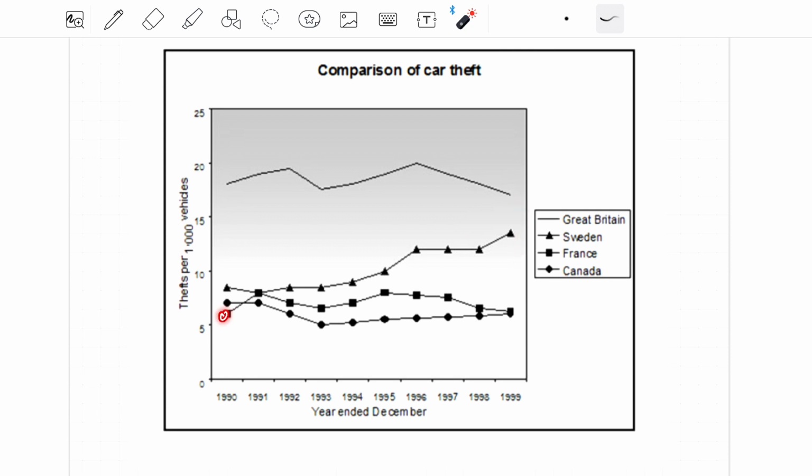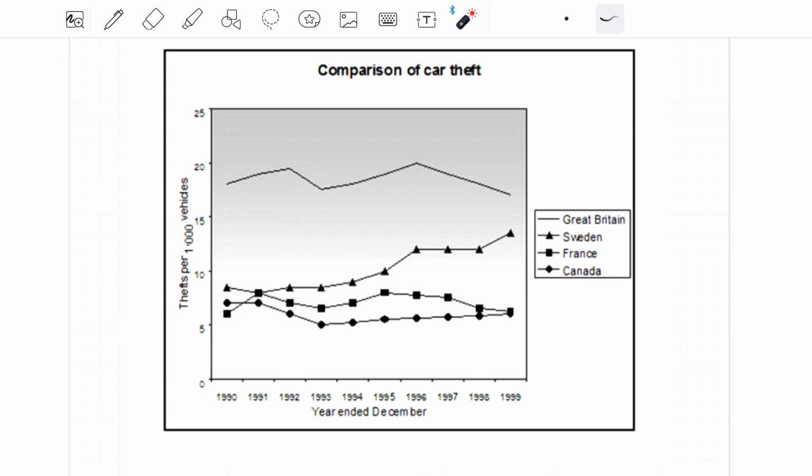You can say that for Sweden it just went straight up. So Sweden increased quite considerably. However, France and Canada, France and Canada decreased. And that's all you need to do here in this case.